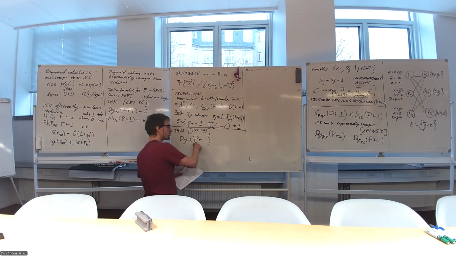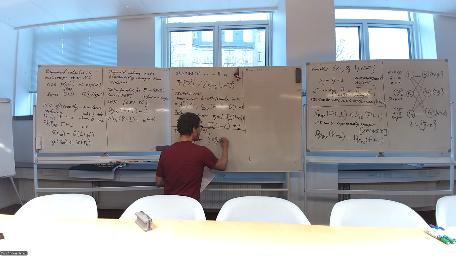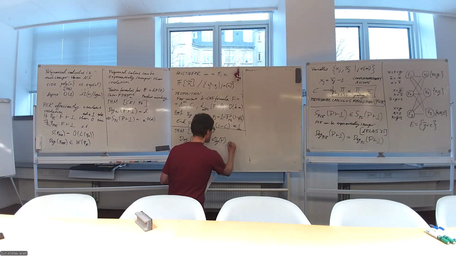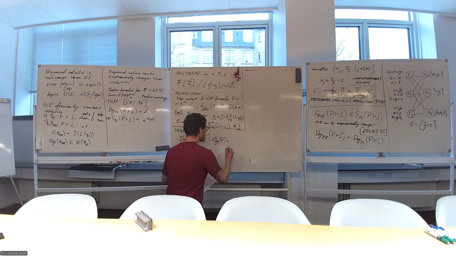And I'm interested in what total degree I need to refute this. It turns out the degree of the input is probably a good baseline; I can't really hope to do better than that.